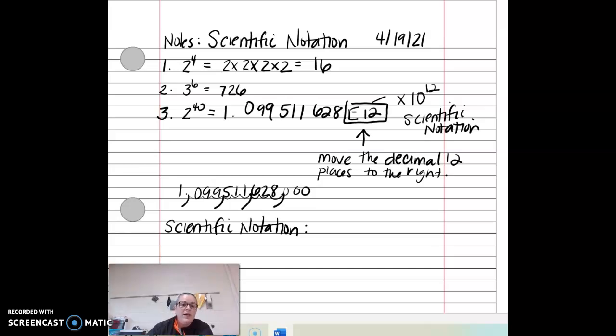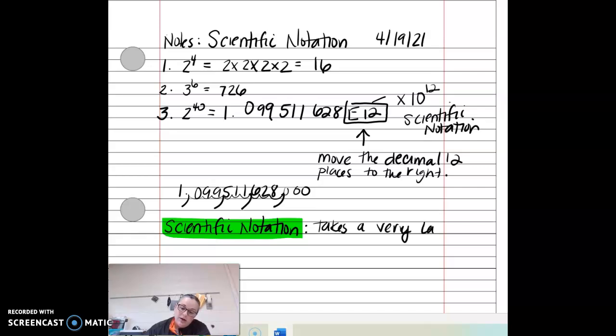Scientific notation, if I were to highlight that, takes a very large or very small number and puts it into shorthand notation.